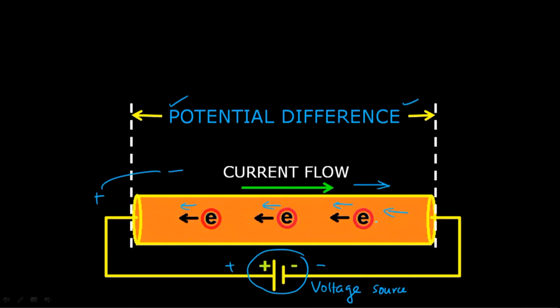But still, by convention, we take the current flow in the direction from positive to negative. So if you see some circuits with current flow marked like this, always remember that the electrons are flowing from the negative terminal of the battery to the positive terminal, but we have shown the conventional current. That current is known as conventional current, flowing from the positive terminal of the battery to the negative terminal.